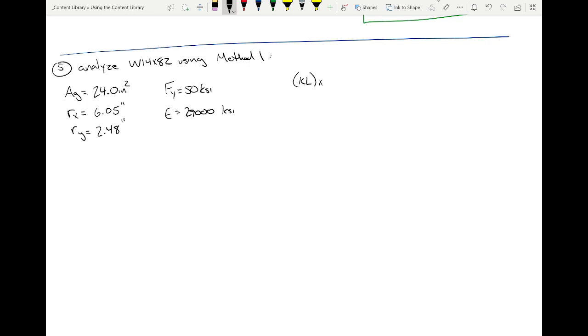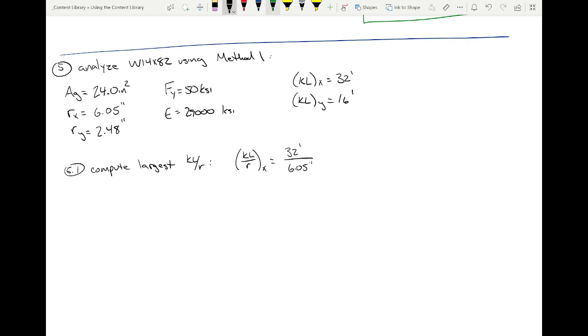Now we know that KLX is 32 feet and KLY is 16 feet. So we'll call this step 5.1, compute largest KL over R. So KL over R in the X direction is 32 feet over 6.05 inches.